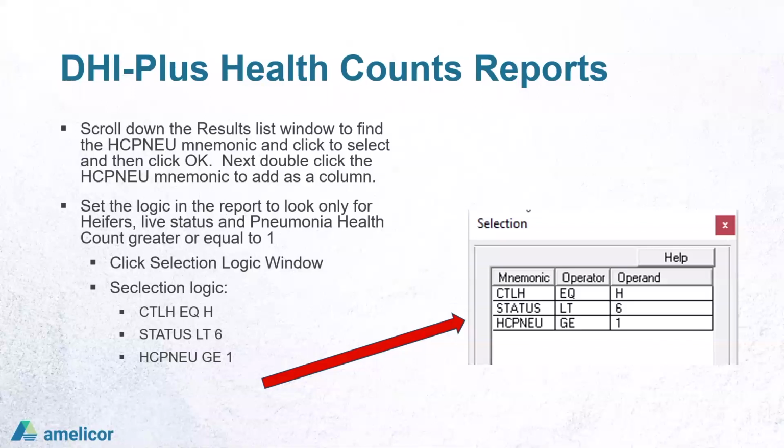Now you could change this to include sold or dead animals as well by changing your status accordingly. The next key piece here is to tell it that the health count pneumonia has to be greater than or equal to 1.